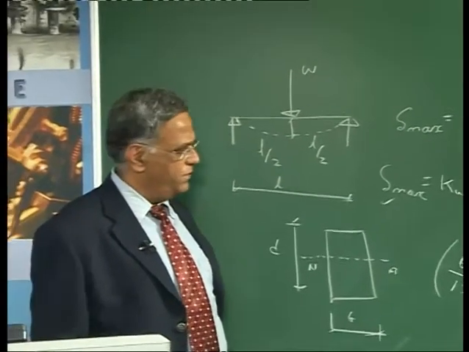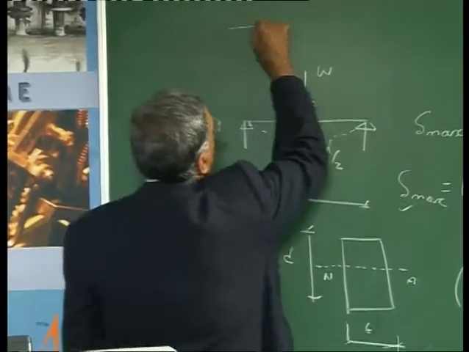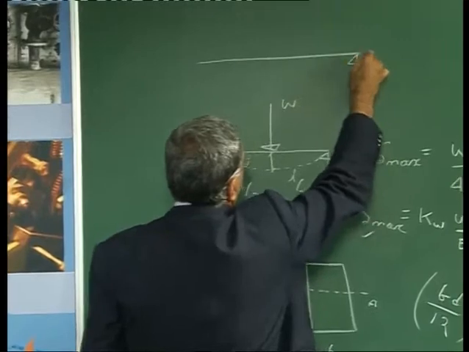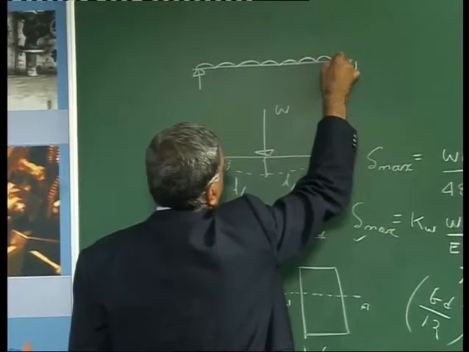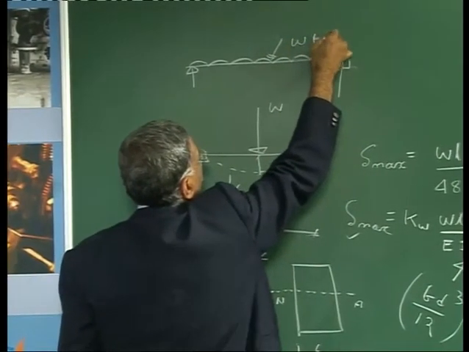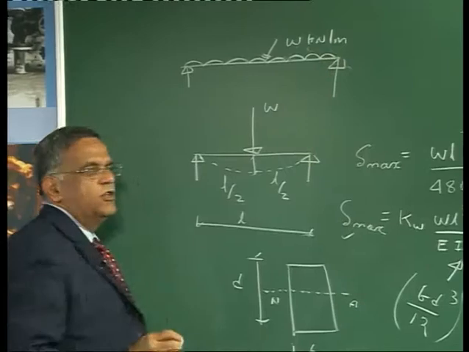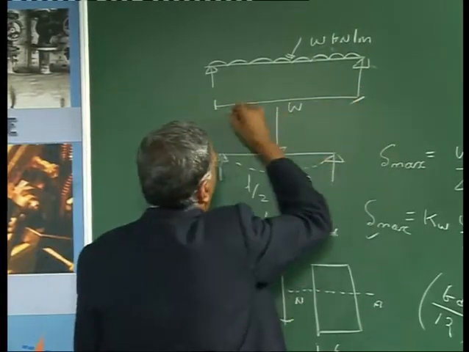Further, to extend this, I am going to consider one more beam, a simply supported beam with a uniformly distributed load. I am going to take w kilonewton per meter run as the uniformly distributed load, and let L be the span.